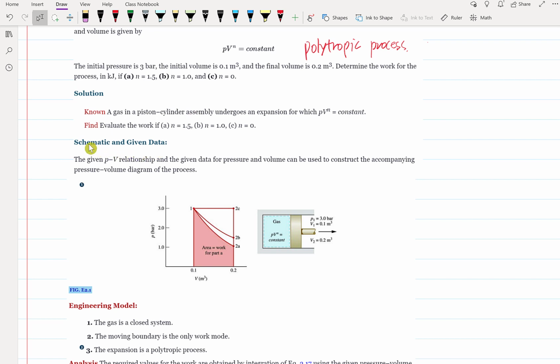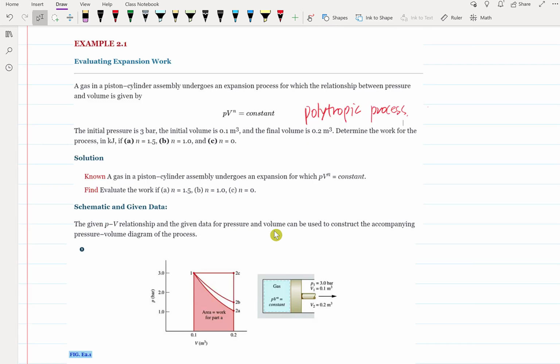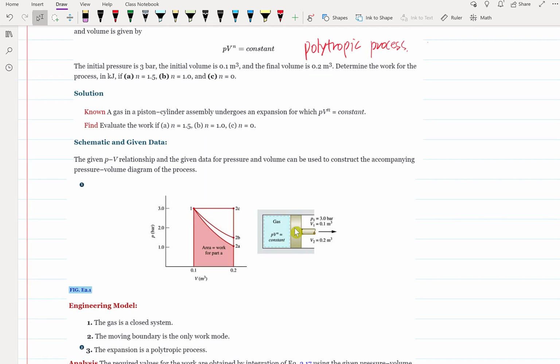Schematic and given data. We draw the schematic of the piston cylinder assembly, with gas in the cylinder. We don't know which gas it is, and actually we don't need to know what gas it is.